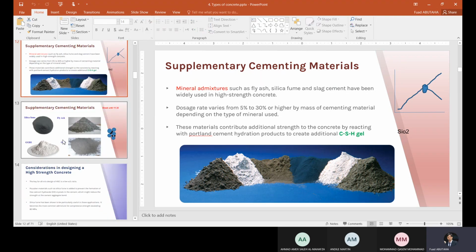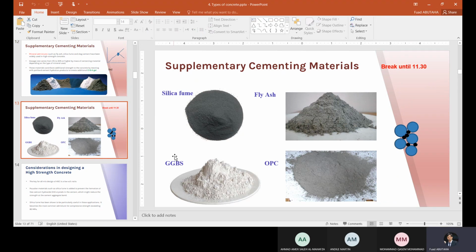The other contribution from the mineral admixtures to the strength is by packing. You know that, for example, the average particle size of silica fume is 100 times smaller than the particle size of the cement. It means if we mix them together, we can have good packing properties.